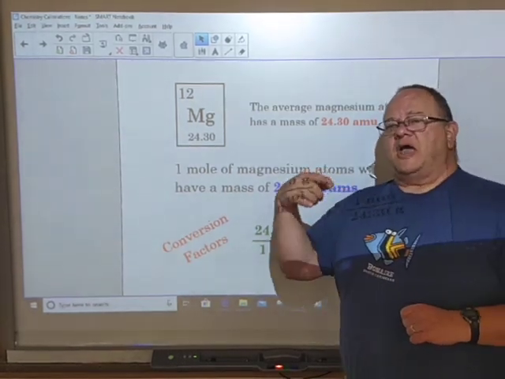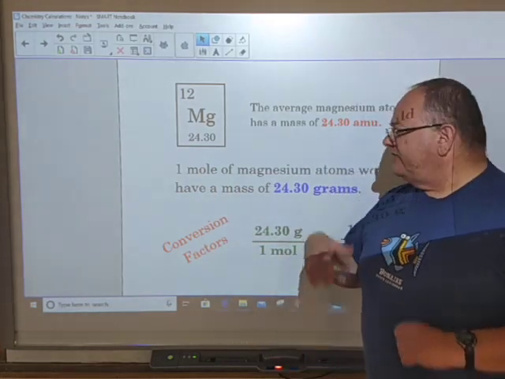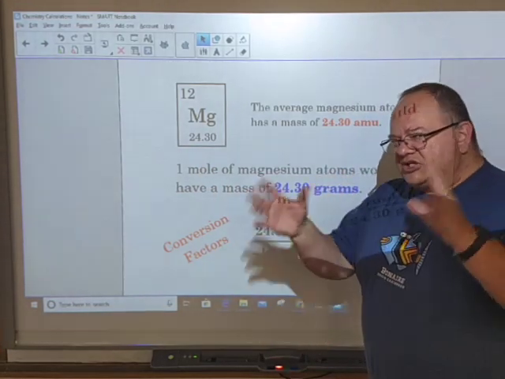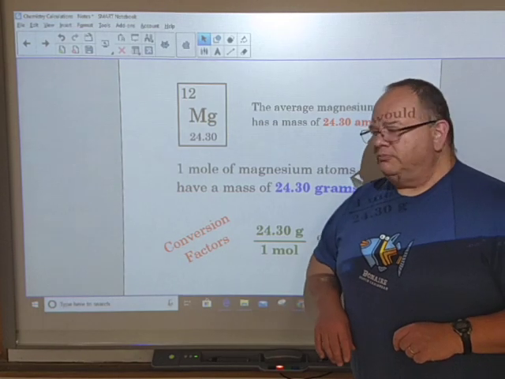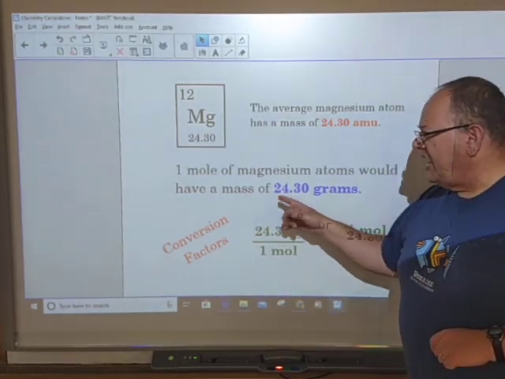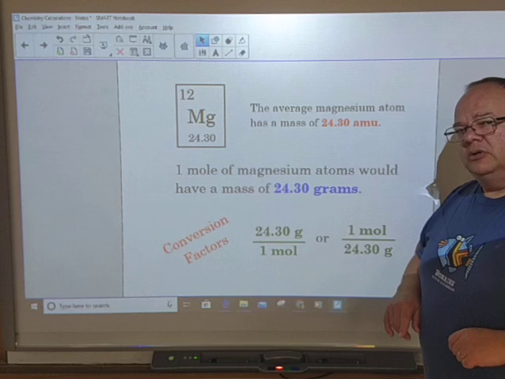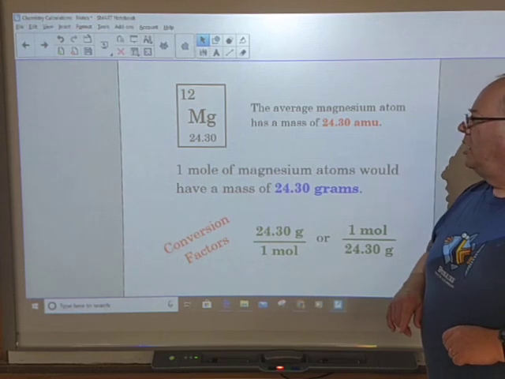Now, what if I had a mole of magnesium? If I have 1 mole of magnesium, 6.022 times 10 to the 23rd magnesium atoms, I'd have a mass of 24.30 grams. It's the same number.